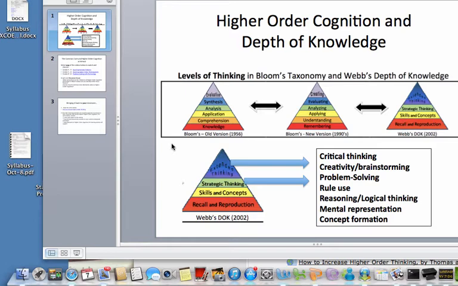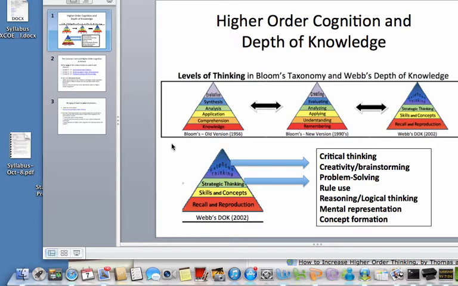Well, as Bloom's was updated and a new version was created and presented in the 90s, now we see creating at the top, followed underneath by evaluating, analyzing, applying, understanding, and remembering. So these ideas have a lot of connections, but are framed and presented slightly differently to represent the way that people are thinking about cognition at this point.